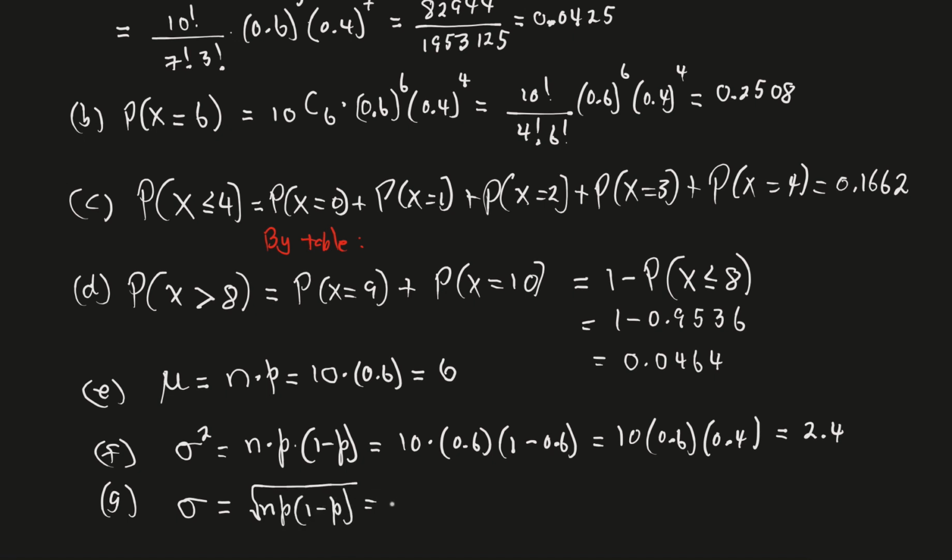And then when you apply it, it's just the square root of the 2.4. So this I will round to, again, 4 decimal places just to be consistent with the rounding in our probabilities. 1.5492, right?